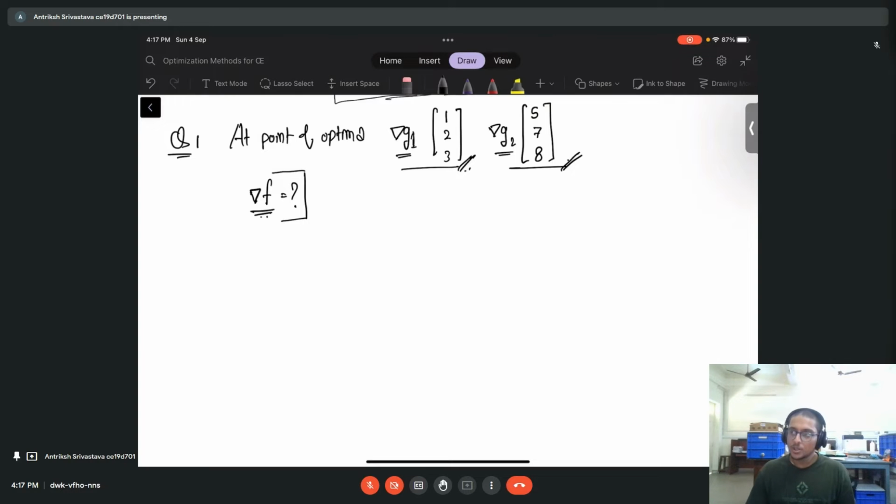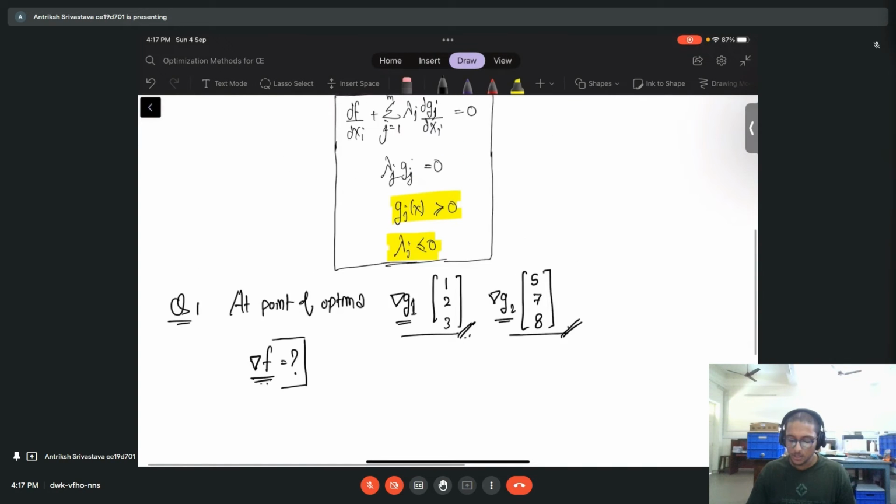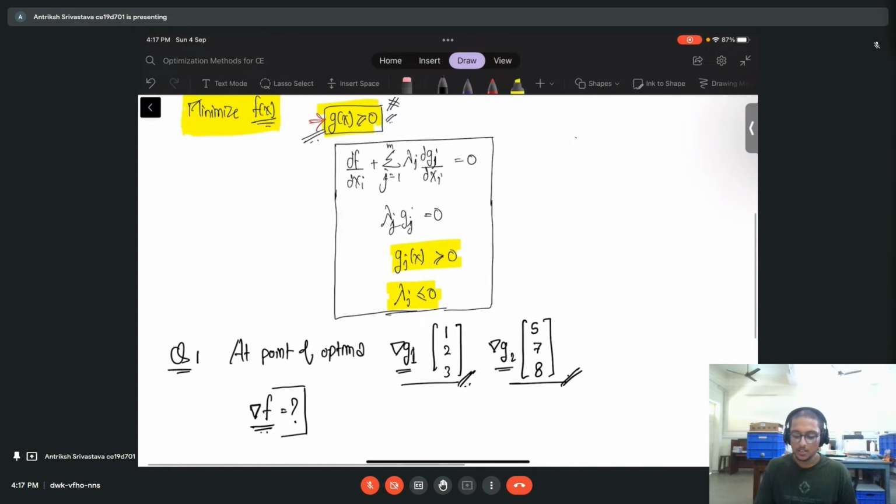Okay, so it basically depends on one of the Kuhn-Tucker conditions. If you look carefully, do you remember one line that sir said for these conditions? Yes, sir.